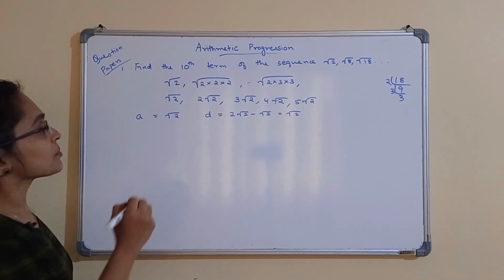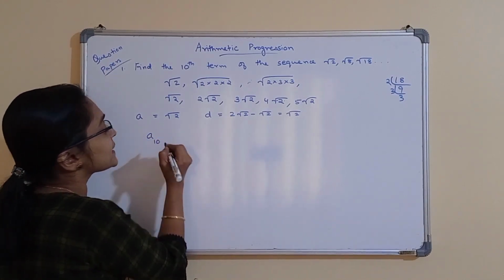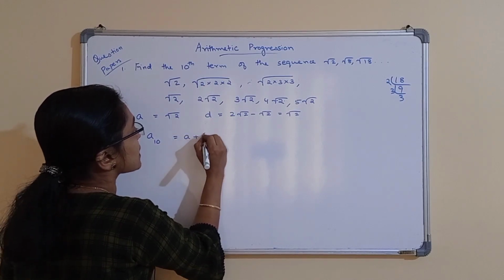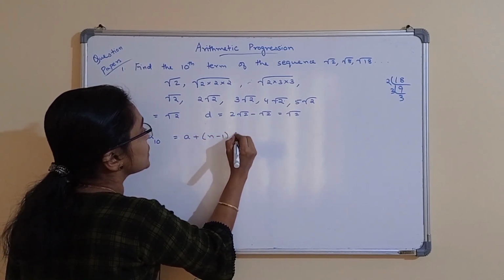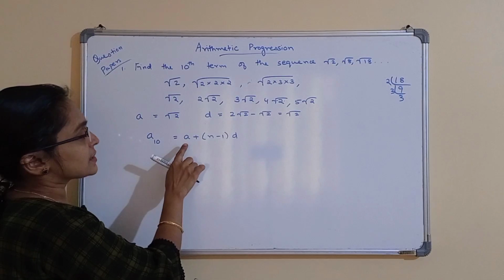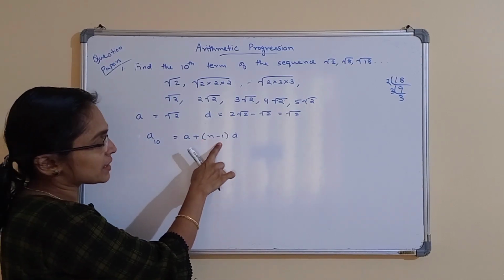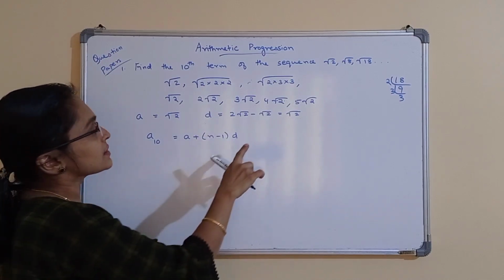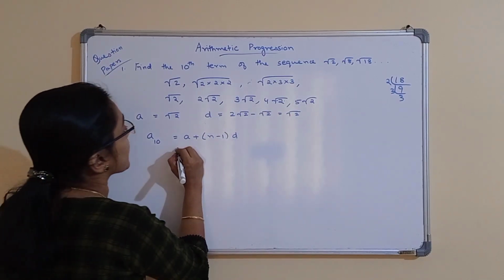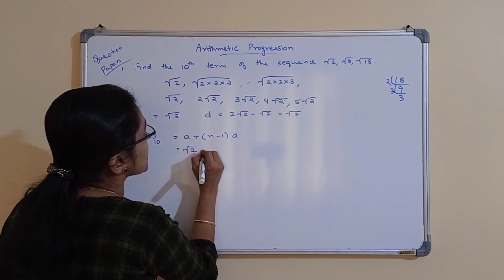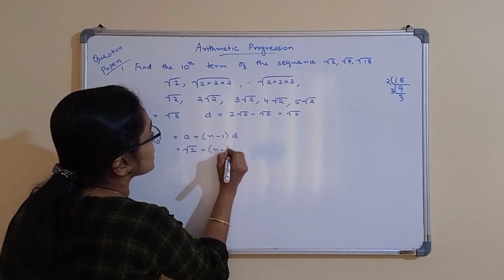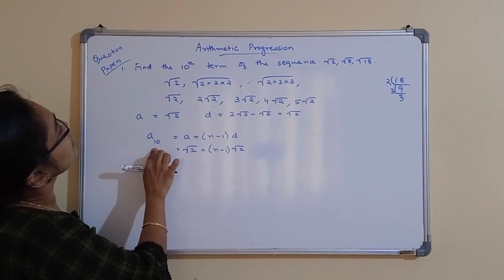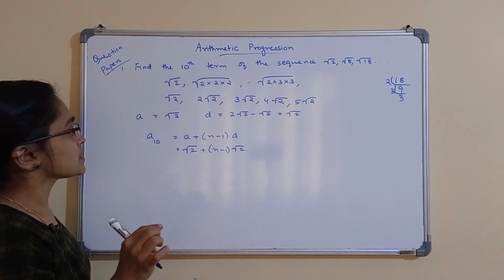And 10th term, that is A10 or T10 equal to first term A plus n minus 1 into D. That is first term plus n minus 1 number of terms into common difference, that is root 2. So A plus, that is root 2 plus n minus 1 into D is root 2. And find the 10th term, that is the question.